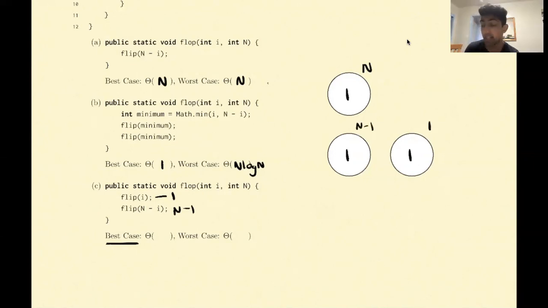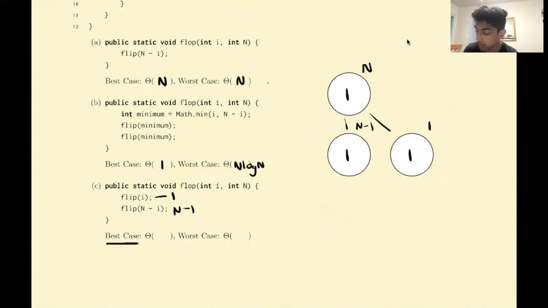Also notice that each time we call flip, we will always be doing a constant amount of work, because we exit the for loop immediately. And this recursive call basically just terminates immediately, right? Because we're passing in input size of 1, which means we're at the base case.